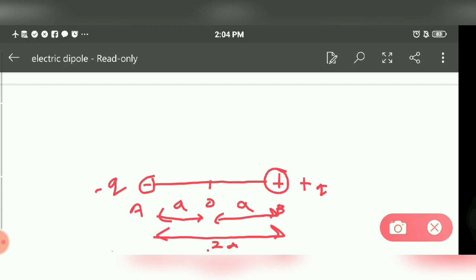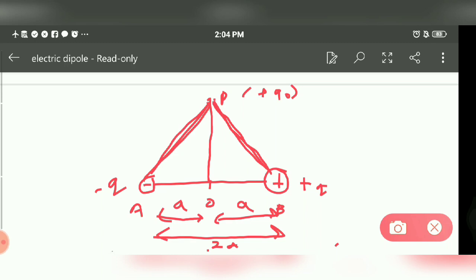But I am taking here 2A, so this is A, this is A. This is a point P on equatorial line where we have considered an imaginary unit positive test charge.